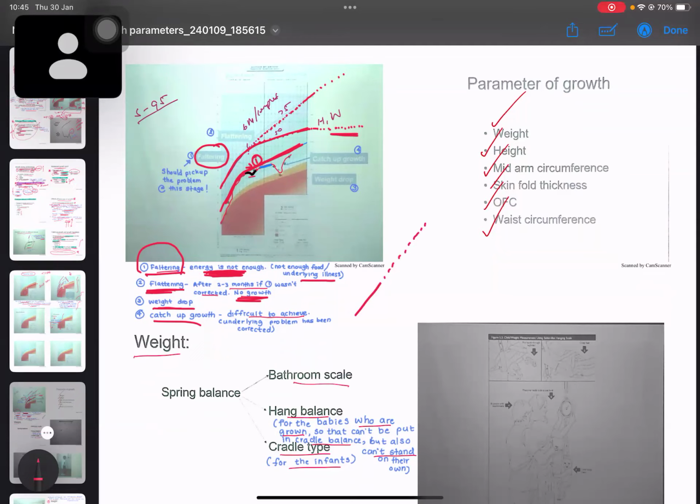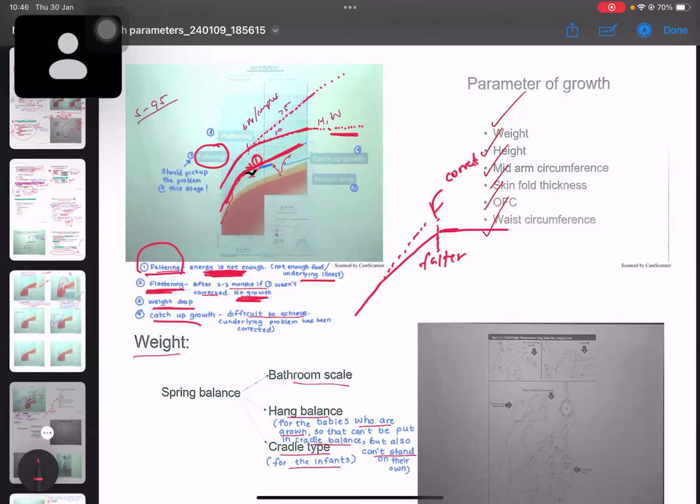This should be a normal pattern, for example, but this normal pattern has deviated and the child is growing slowly. This is faltering. But flattening, at this point, the faltering growth should be corrected, but it was not corrected properly, and still the child's growth is not slow, it has stopped.